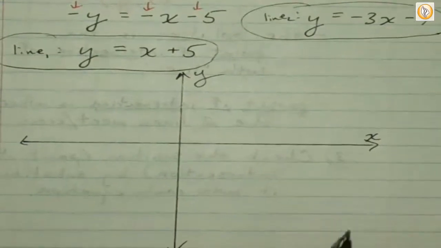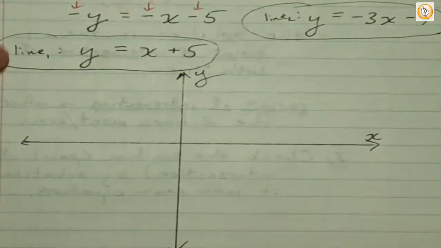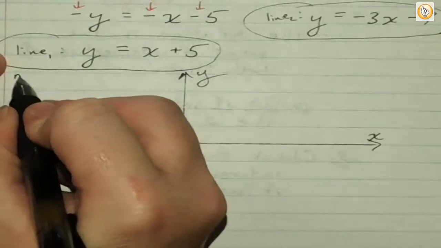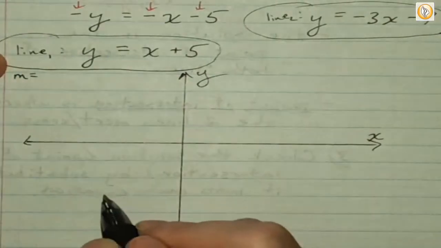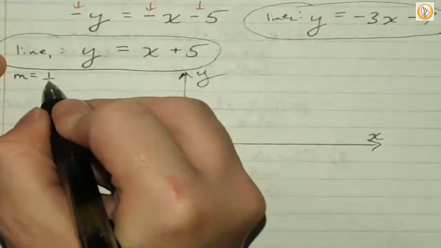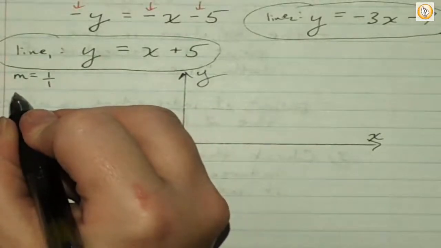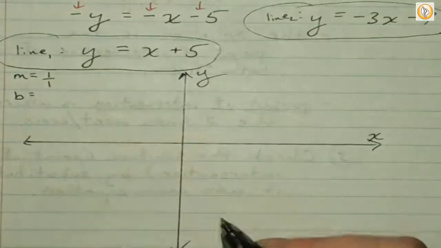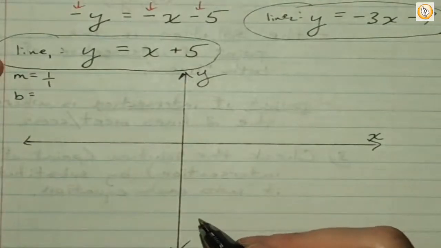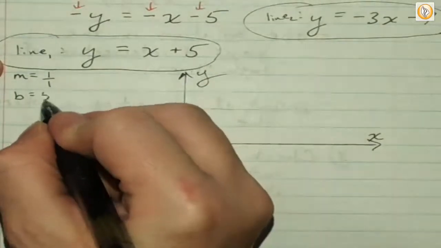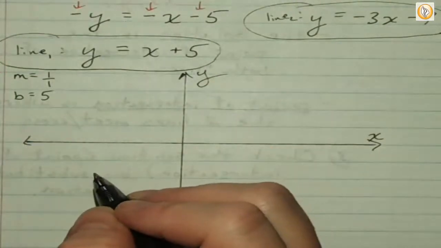So, Taylor, for line 1, what is my slope? 1. Or you can say 1 over 1, right? Cecilia, what's my y-intercept? 5. Very good. Okay?